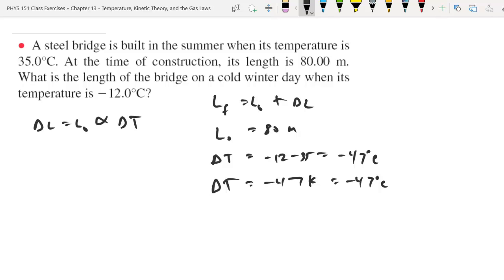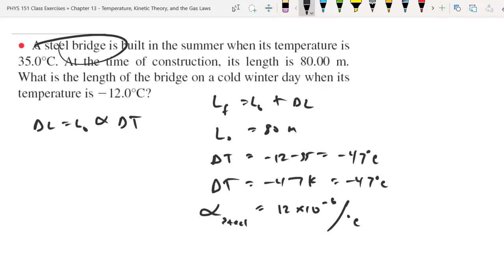We also need alpha, so we can go look this up in your book in table 13.2. And we get the coefficient of linear expansion for steel, because it's a steel bridge, so this is important that it's steel. This is equal to 12 times 10 to the negative 6th per degree Celsius.